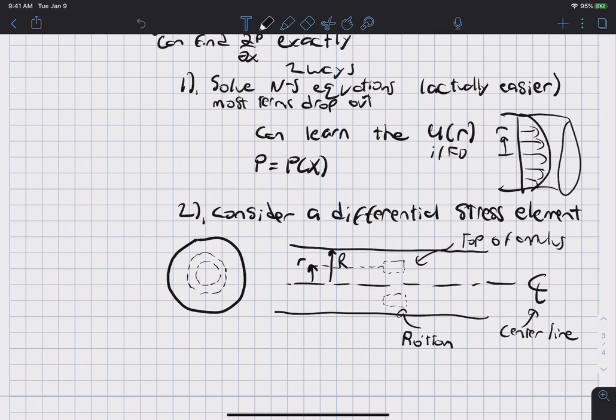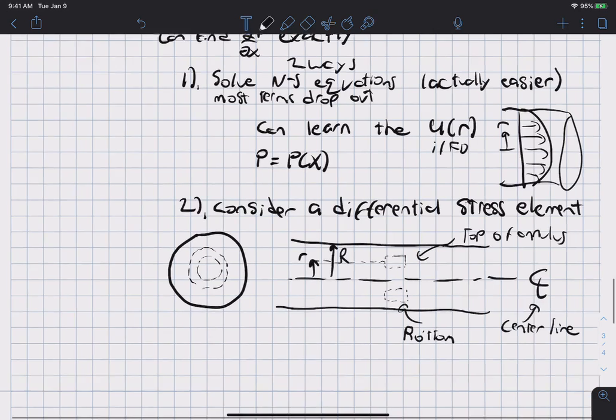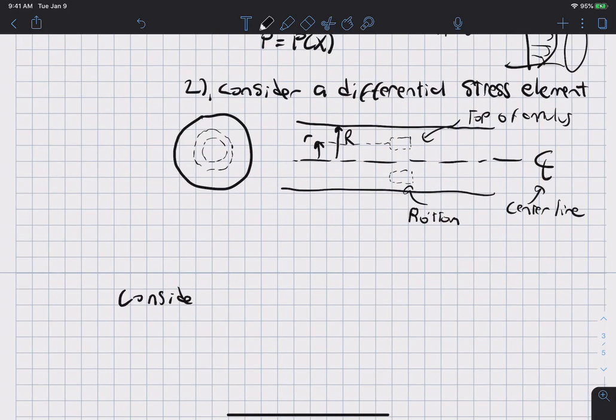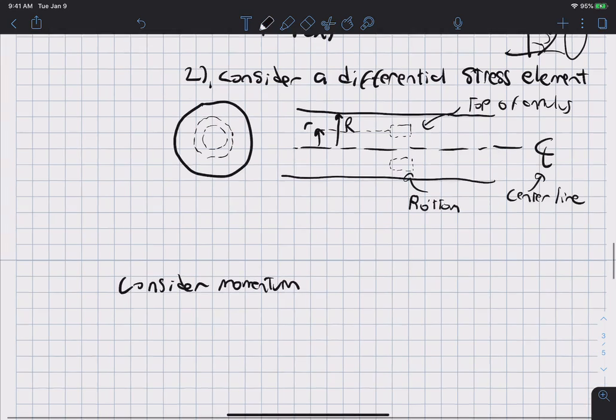Okay, and so we're going to consider momentum. And like we did for the Navier-Stokes, or like you did for some of the homework problems, we're going to use the integral form of momentum on a very, very tiny differential control volume that is ring-shaped, like you see here. And we're going to assume steady flow and incompressible flow.